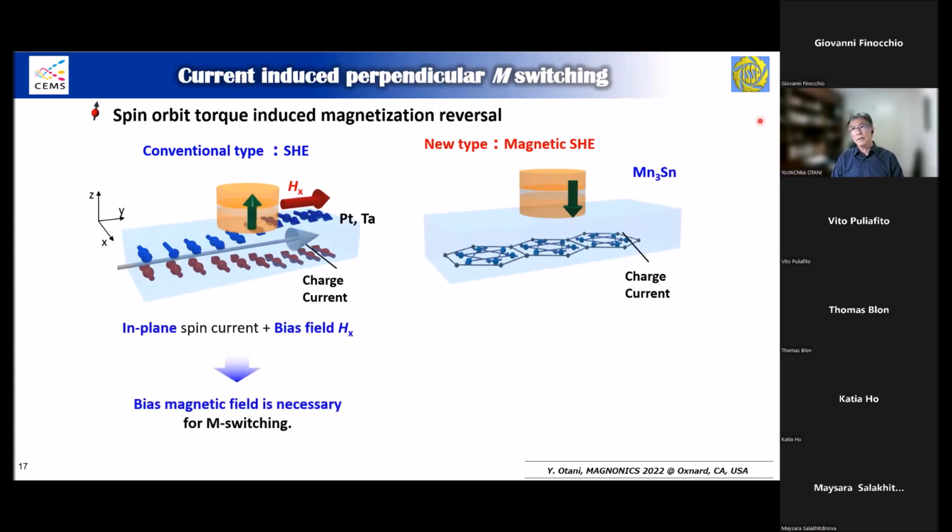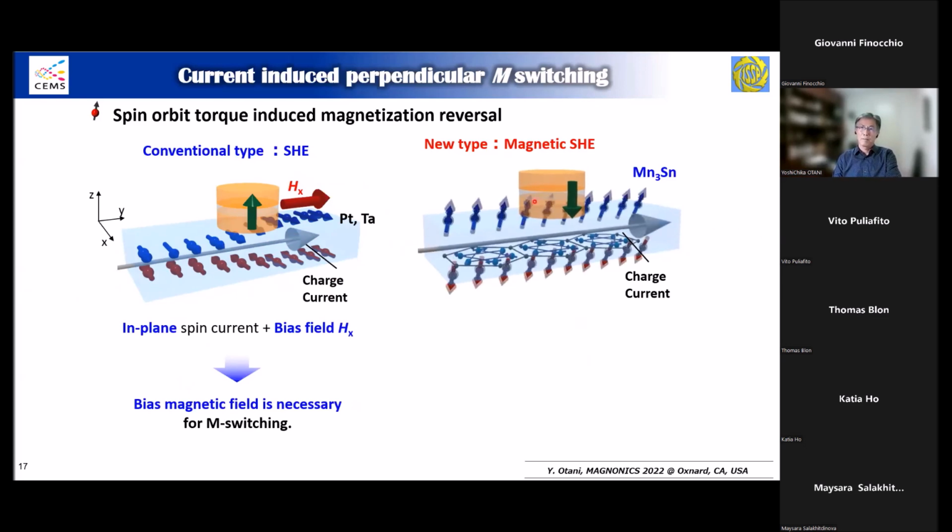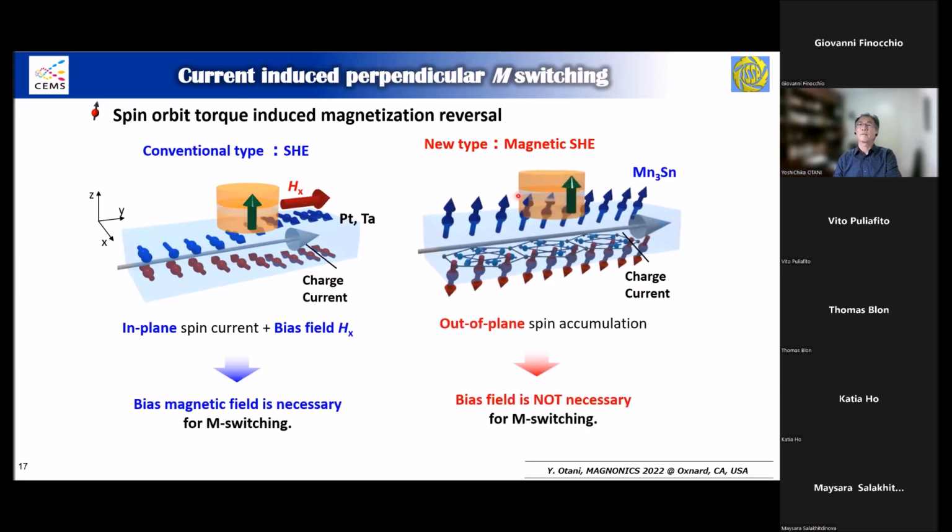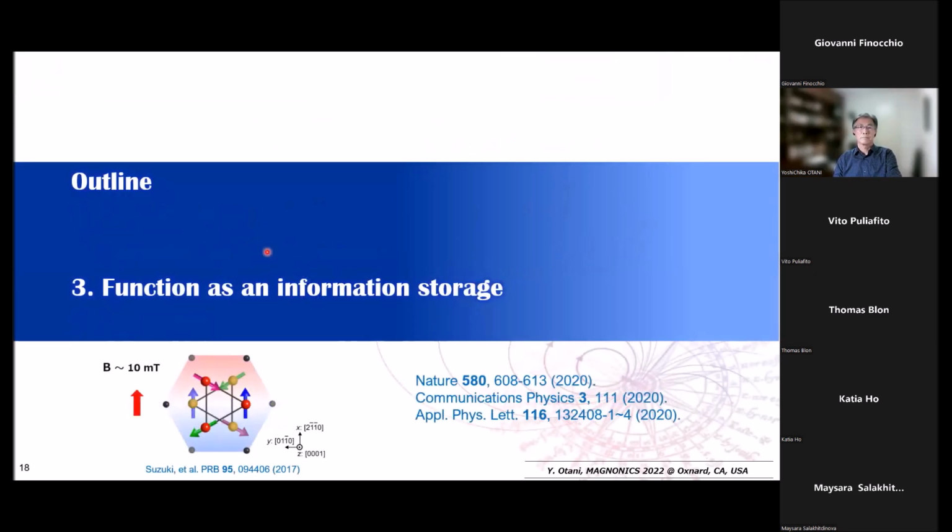But in the case of magnet-free tin, we don't need this kind of bias field, which breaks the symmetry. Since this is already a tilted spin accumulation, it allows us to flip the magnetization in this type of scenario. That's what we have found. This is a kind of spin source functionality of this material.